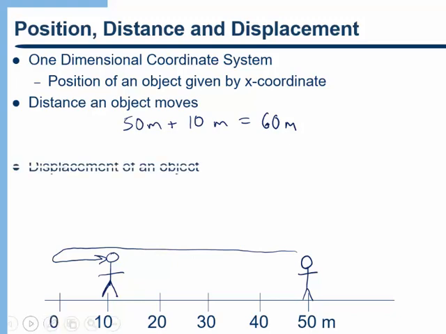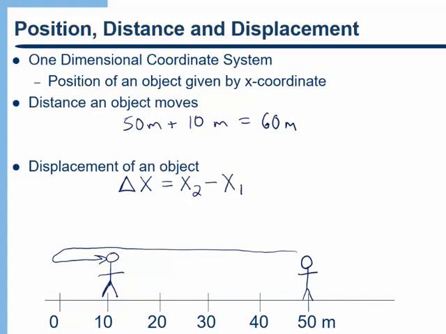We're now going to define a term you might not be familiar with, which is displacement. Displacement of an object is defined in the following way. We use the symbol delta to represent it. So delta x would be the displacement in the x direction, and it's defined as the final position minus the initial position.